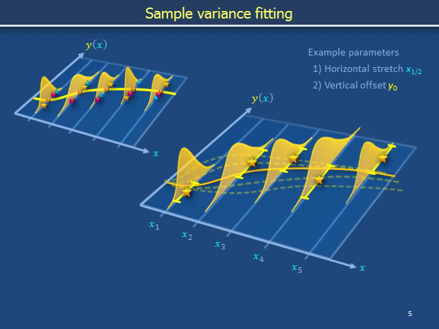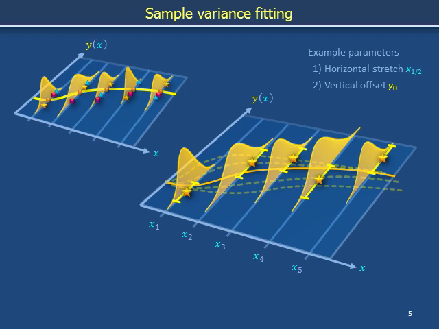We are pretending that the solid gold curve is the correct function, and we are pretending that this collection of Gaussian distributions, whose widths are equal to the widths of the standard errors represented by the error bars, is the source from which our sample means were drawn.